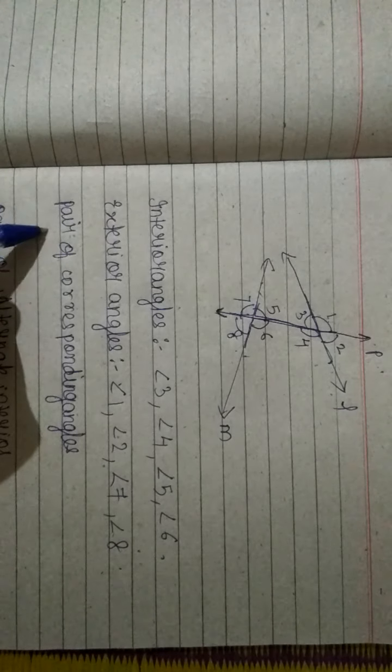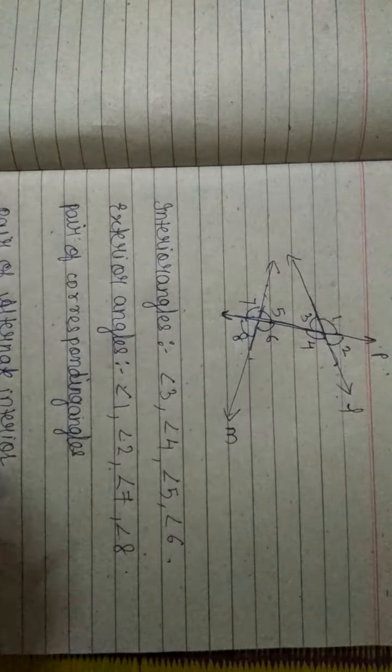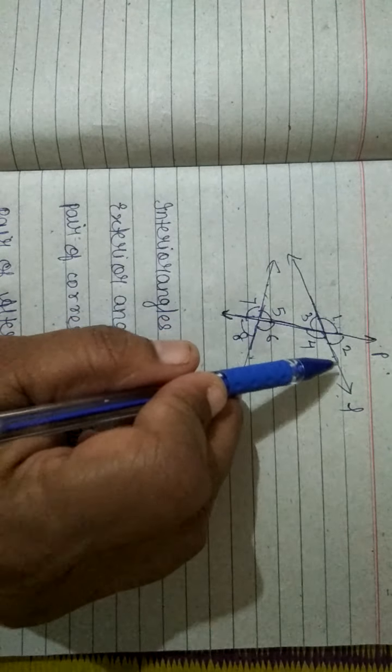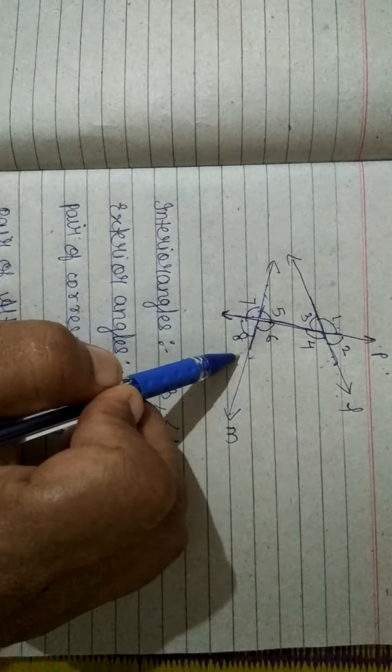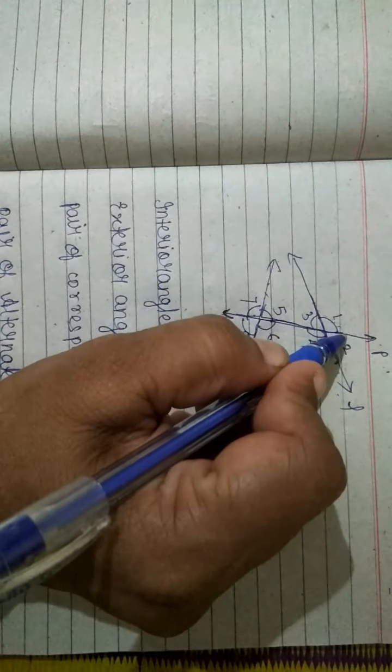Now children, what is a pair of corresponding angles? When two lines, not parallel lines, children, are cut by a transversal, we have four pairs of corresponding angles.